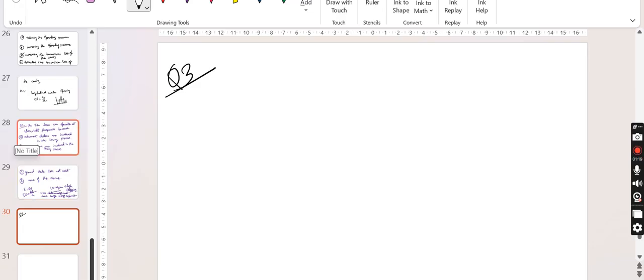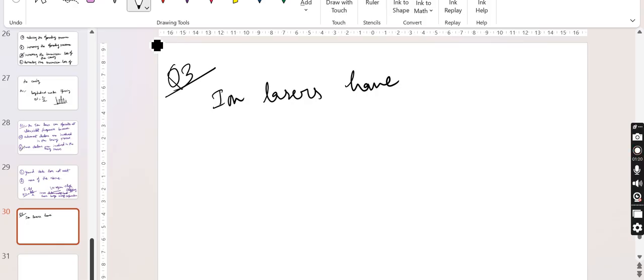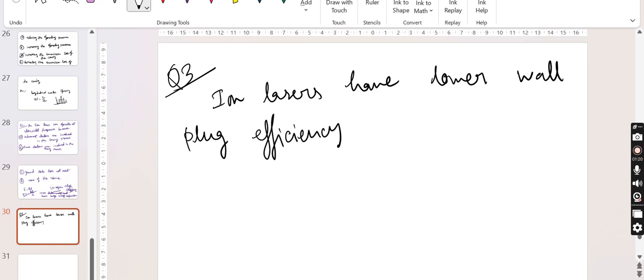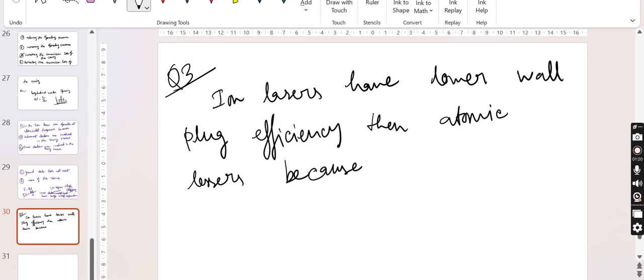Question number 3. Ion lasers have lower wall plug efficiency than atomic lasers because... If it doesn't fill in the blanks, the most appropriate answer would have been because some of the energy goes into making the ion first.